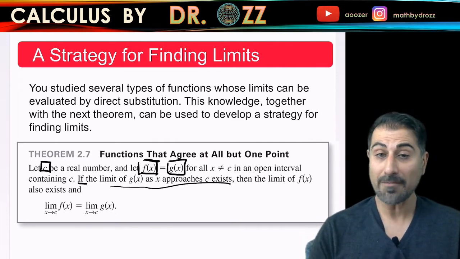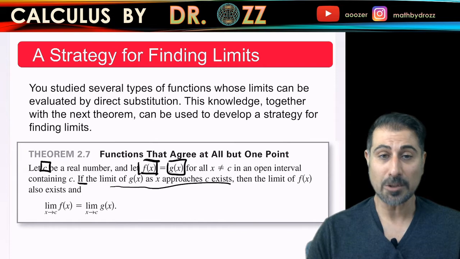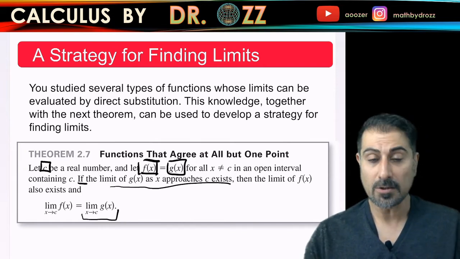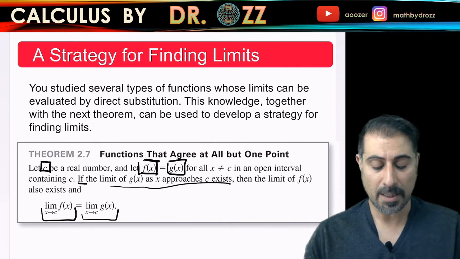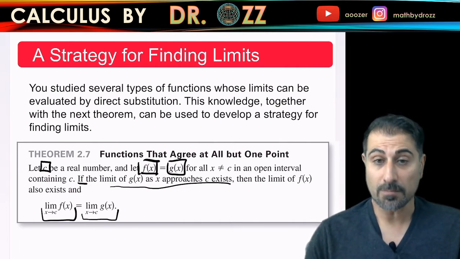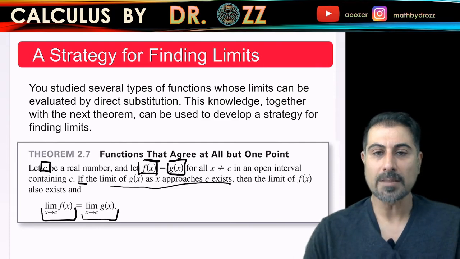Even though f is not defined at x equals c, the limit of f is determined by the limit of the g function, for which we know something.